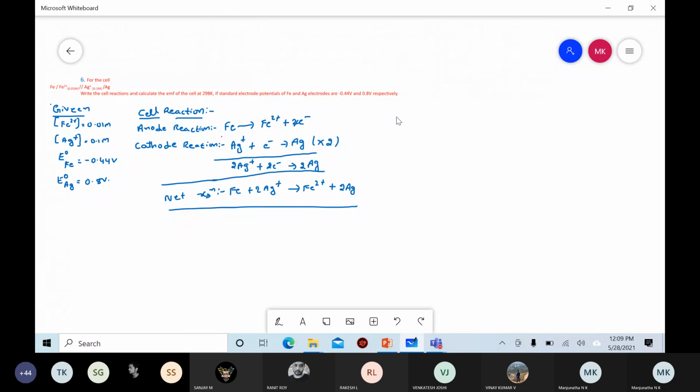Okay, wait, I will solve the EMF of the cell also. After this cell reaction, you need to calculate the EMF of the cell.